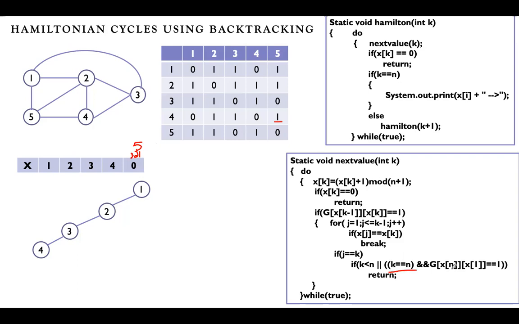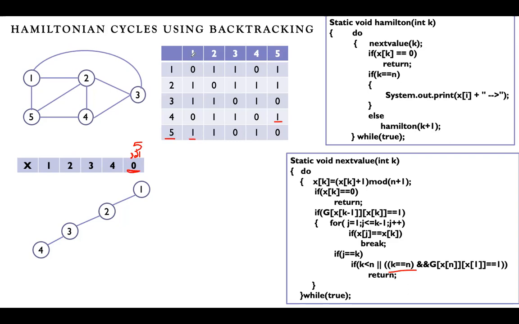X of n, x of n is nothing but 5, and x of 1. That is 5 to 1 in the graph. You have to check whether there is an edge or not. X of n value is 5 now. We are at the fifth location, 5.